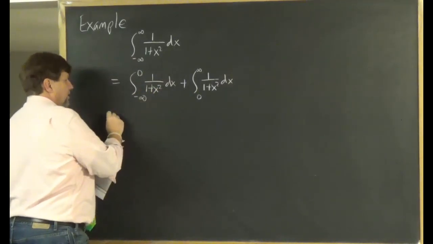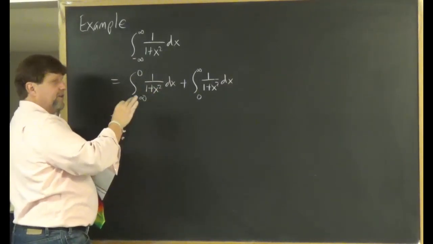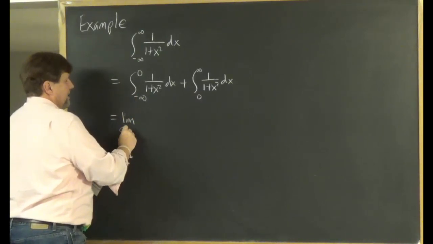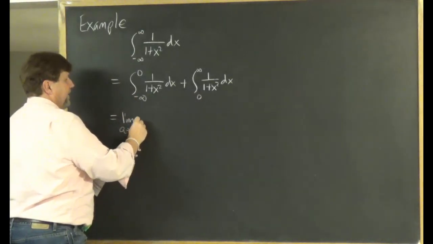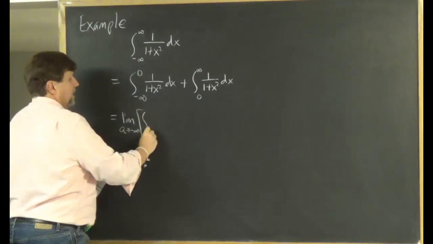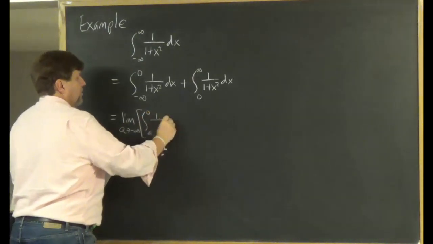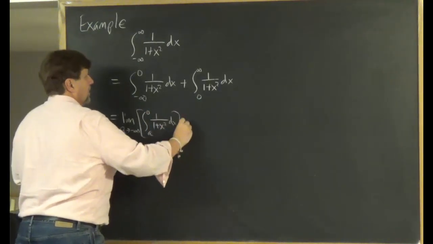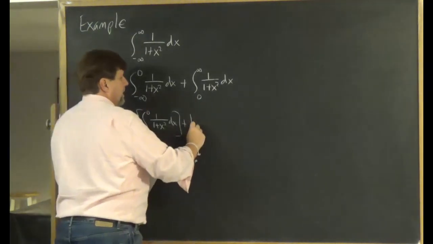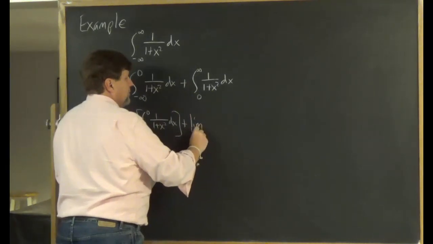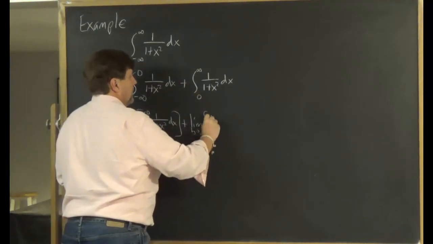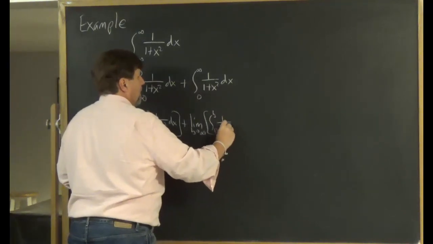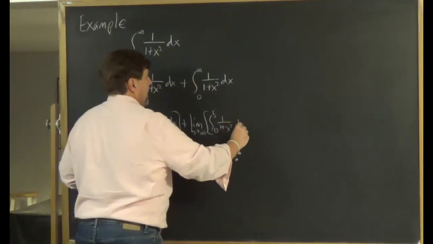This improper integral, I know I can't do it directly, but I can rewrite it as the limit as a goes to negative infinity of the integral from a to 0 of 1 over 1 plus x squared dx. And this one I rewrite as the limit as b goes to infinity of the integral from 0 to b of 1 over 1 plus x squared dx.